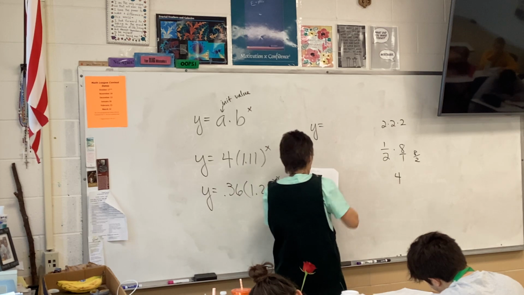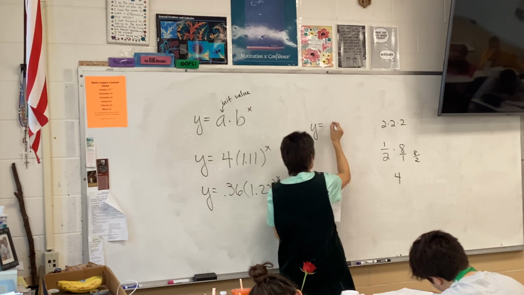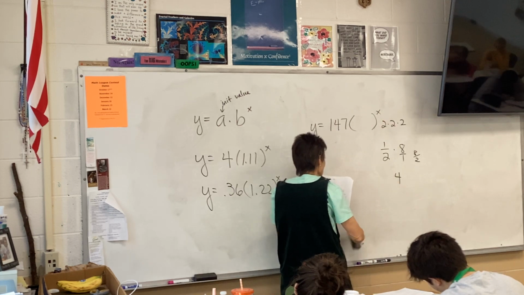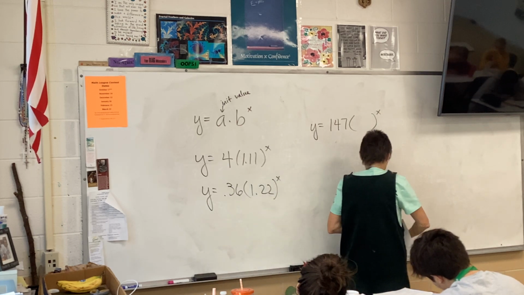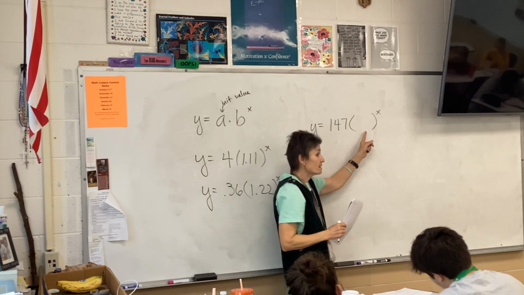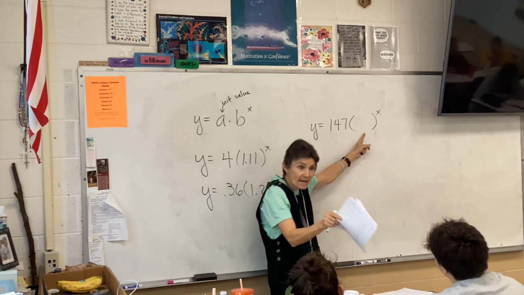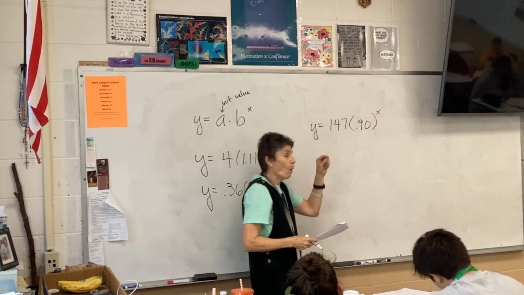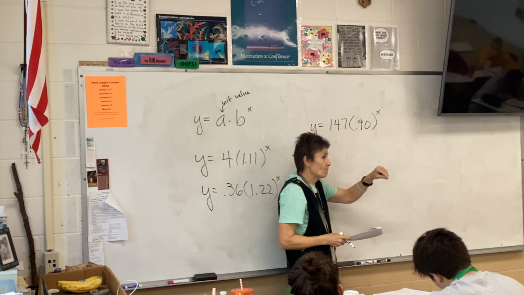The initial value is 147, and we are decreasing 10%. So what number is going to go in here? Yes, Jack. 0.90 goes in there. Why does 0.90 go in there?